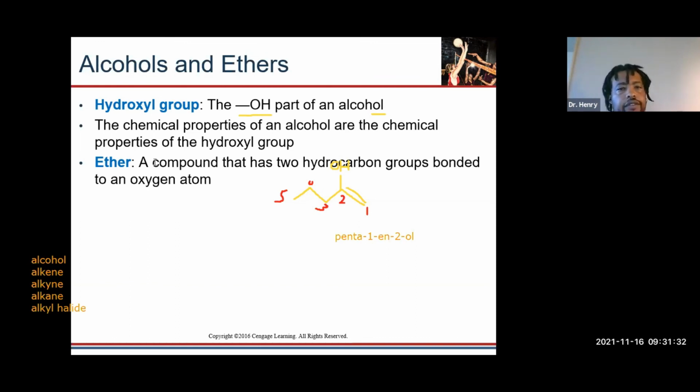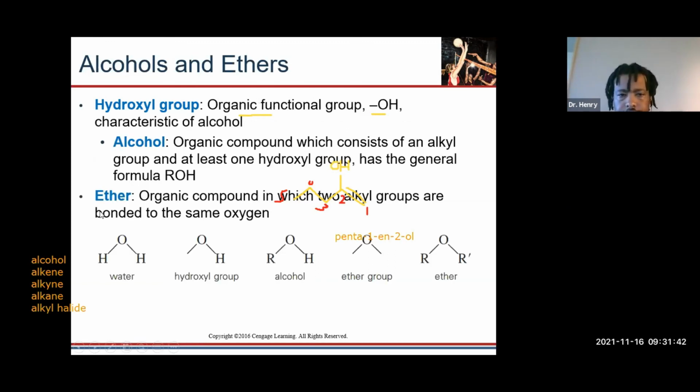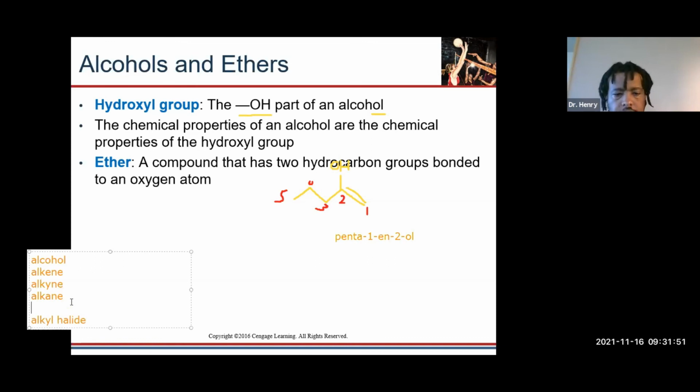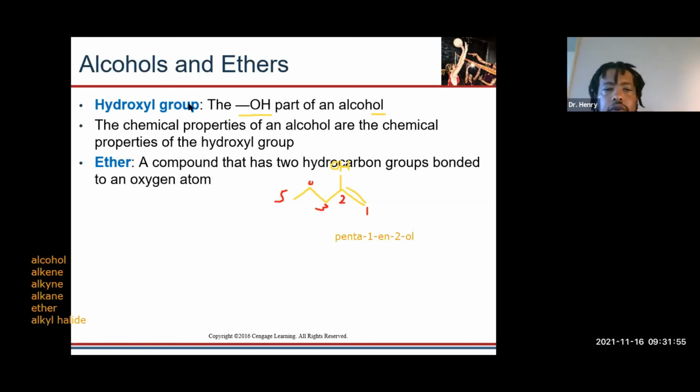So the next thing that we're going to be talking about are ethers. Now, ethers, in terms of priority, are actually low on the chain. They're down here. But there are 2 ways of doing ethers.